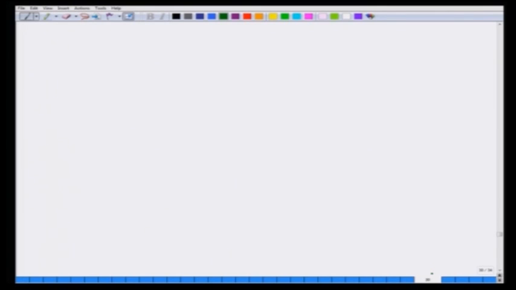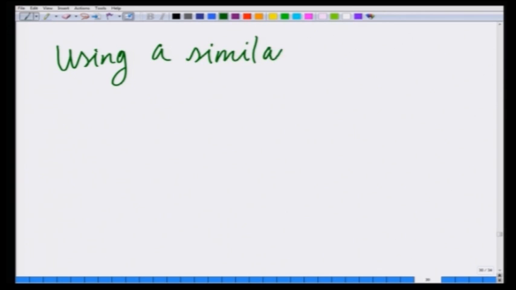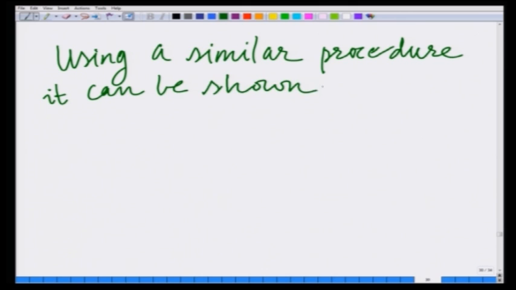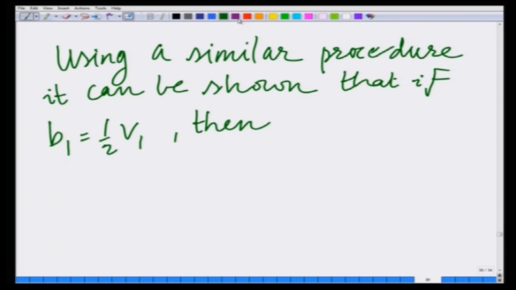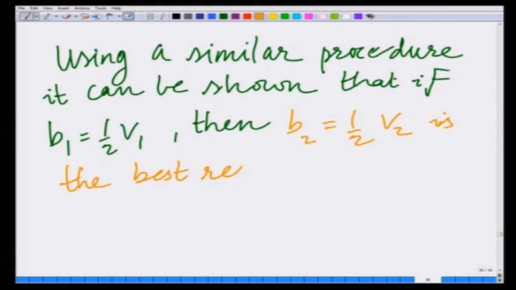in fact repeating the same procedure. It can be shown that if player 1 is bidding b1 equals half v1, then b2 equals half v2 is the best response of player 2.